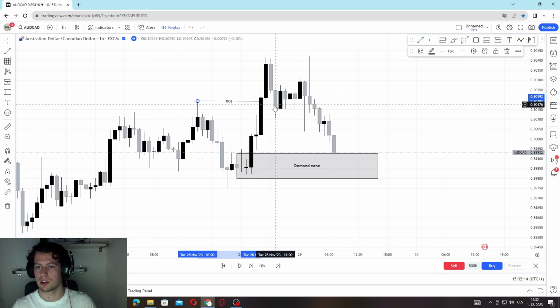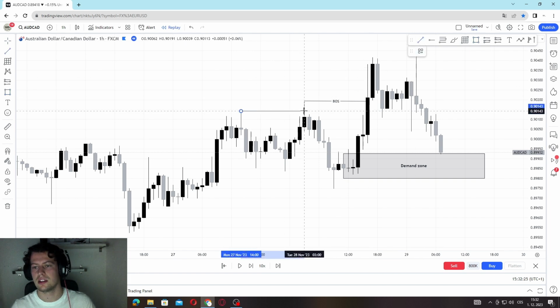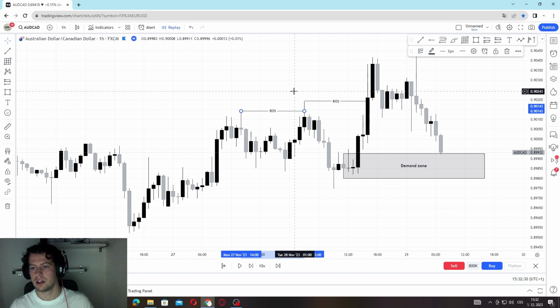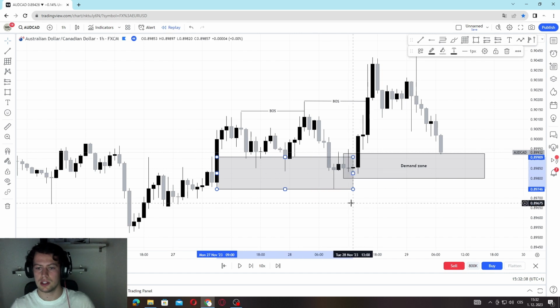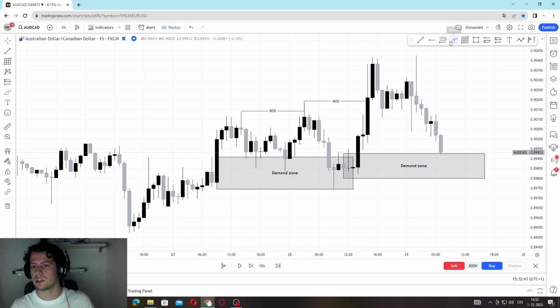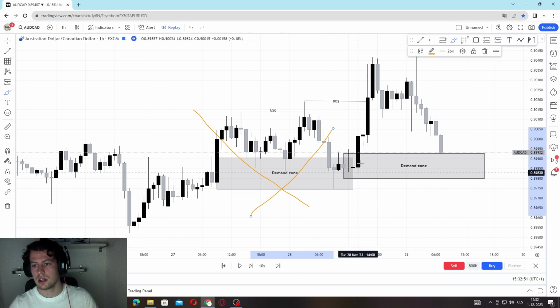It has to make a break of structure or a change of character, because for example this is quite a sharp move, but you can see that it didn't close. Yes, we have a demand zone right here, but if you are really strict, you won't trade this and you won't consider this as a demand zone. So for some people this would be a no-go, that I wouldn't trade this.